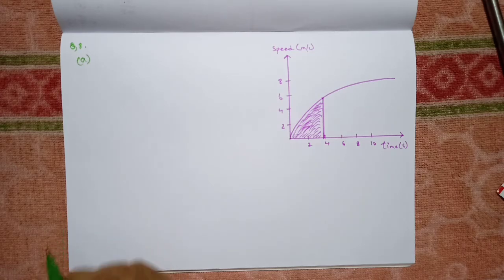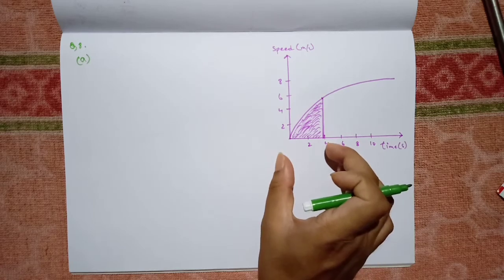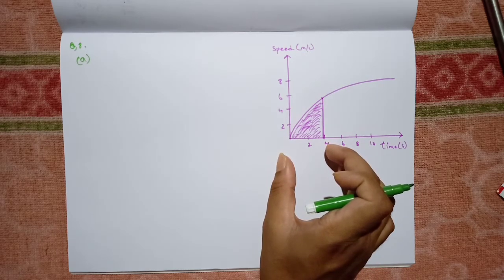So the shaded area represents the displacement of the car over a period of 4 seconds. Because in the question it is asked that find out how far does the car travel in the first 4 seconds.